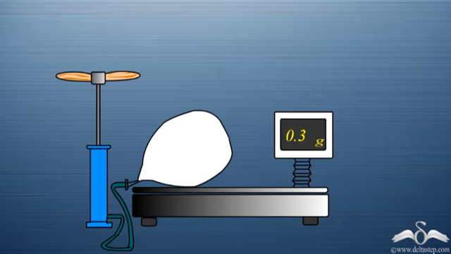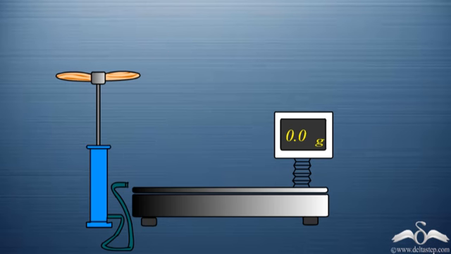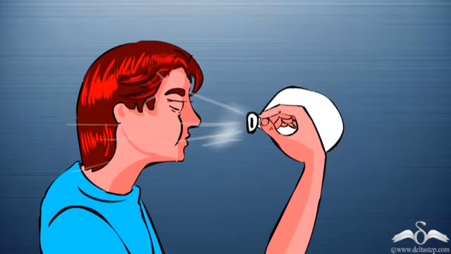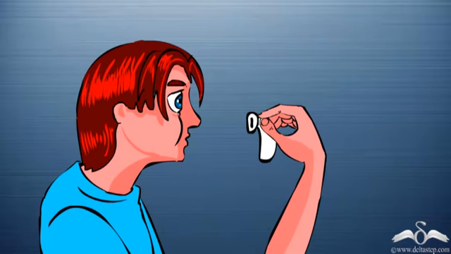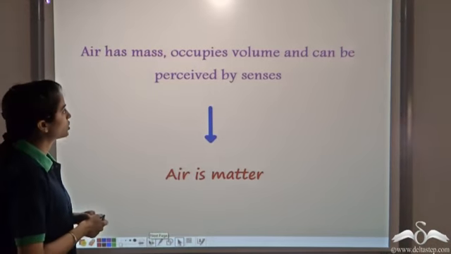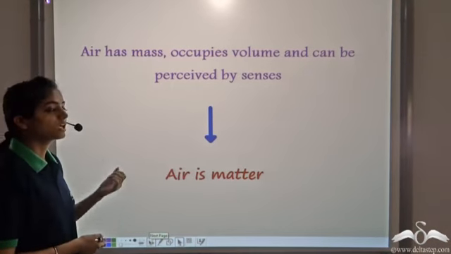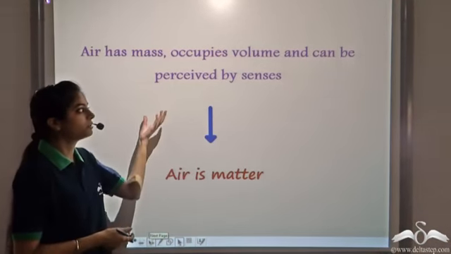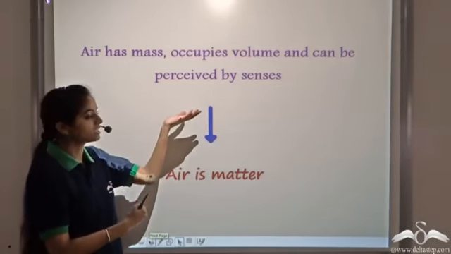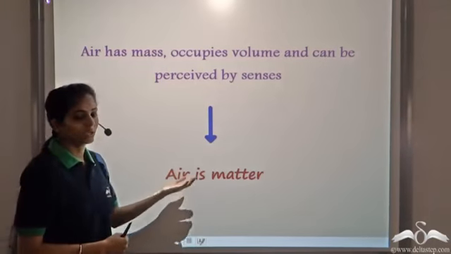Now let's see if it can be perceived by the senses. If you bring an inflated balloon in front of your face and release it, yes, you realize that it can be perceived by the senses. So yes, we saw that air has mass, it occupies volume, and it may be perceived. That is, we were able to perceive it by our senses, and so air is matter.